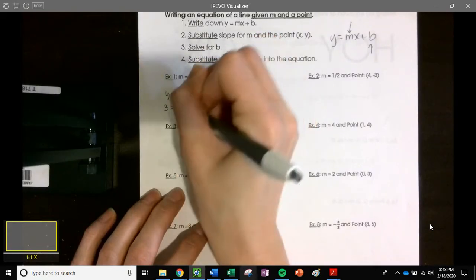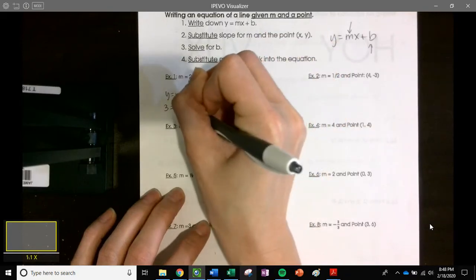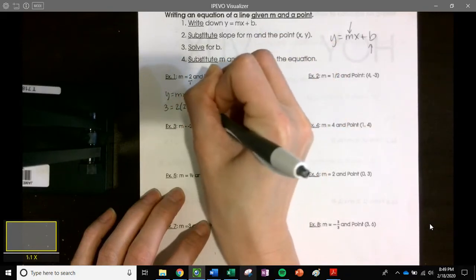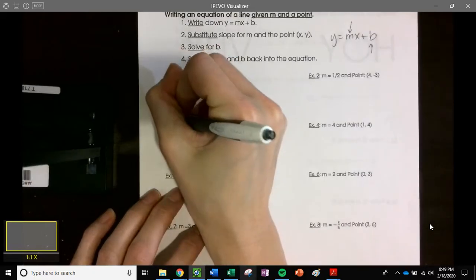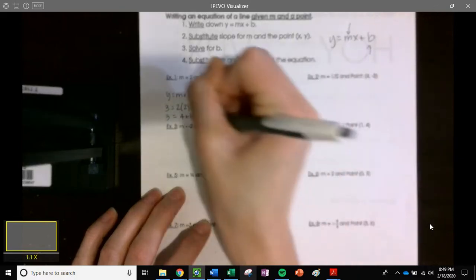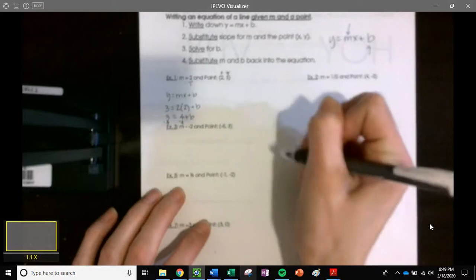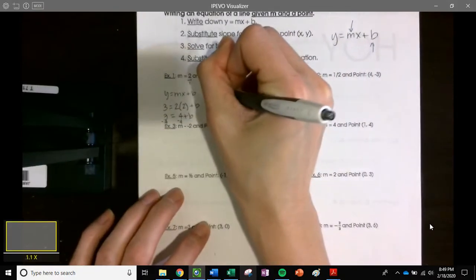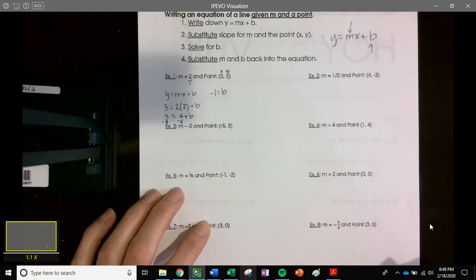I'm going to take my m value, fill it in. I'm going to take my x value, fill it in, and I'm going to solve for b. So 3 equals 4 plus b. Subtract 4 and subtract 4. That means that 3 minus 4 is negative 1. So my b value equals negative 1.